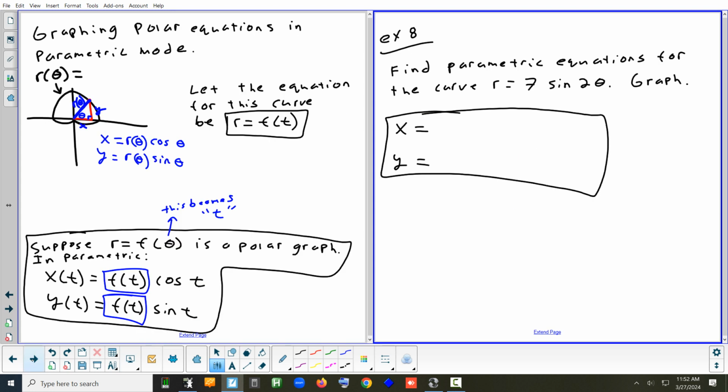Okay, let's try this one. So we have 7 sine 2 theta. That's your r. That's how you calculate your hypotenuse in your triangle. Based on the hypotenuse, I want you to tell me the base of the triangle and the height of the triangle.